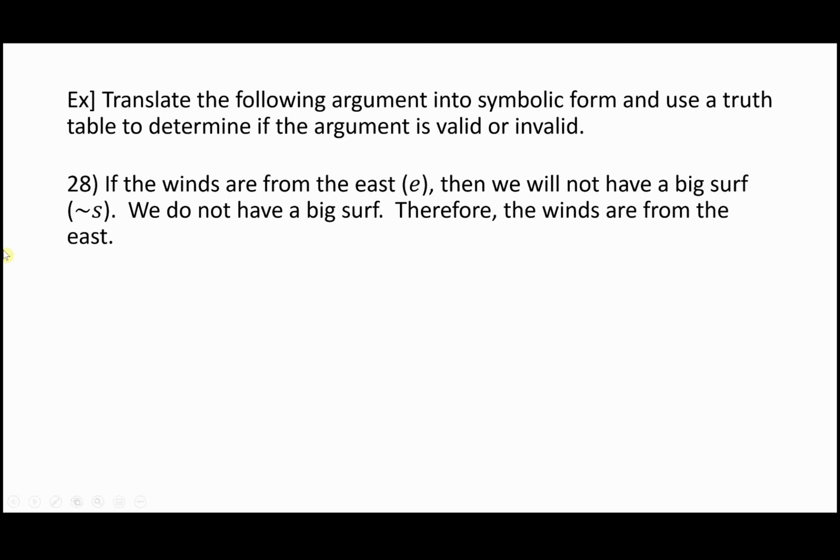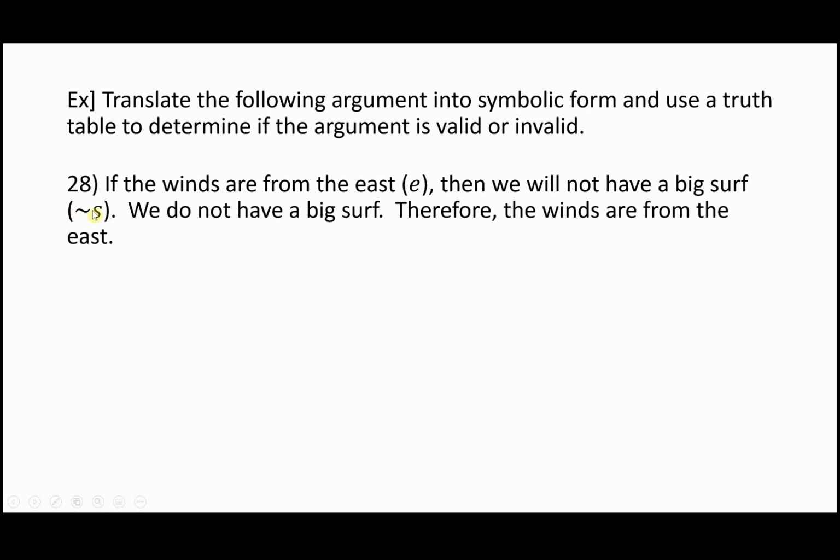Okay, starting off with just reading the argument, we have: if the winds are from the east, which we'll use the letter E for, then we will not have a big surf. So that's coming at us in the form of tilde S. So that means the statement component we will have a big surf is simply just an S, but since there is the presence of this negation connective right here, the word not, that means that the symbol S has to have a tilde in front of it.